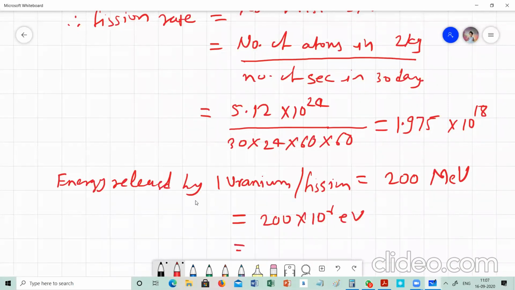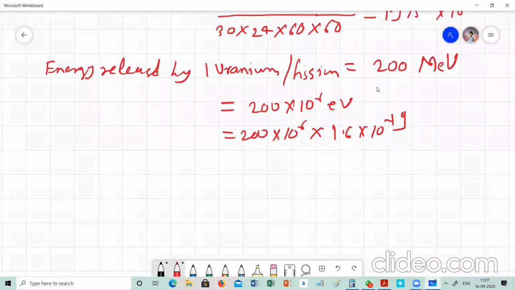Again, it is equal to 200 into 10 raised to 6 into 1 electron volt, which is 1.6 into 10 raised to minus 19, which is equal to 3.2 into 10 raised to minus 11 joules.